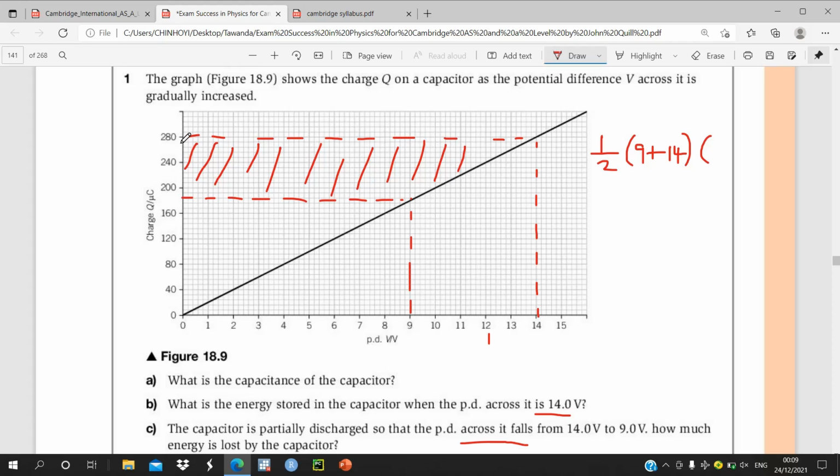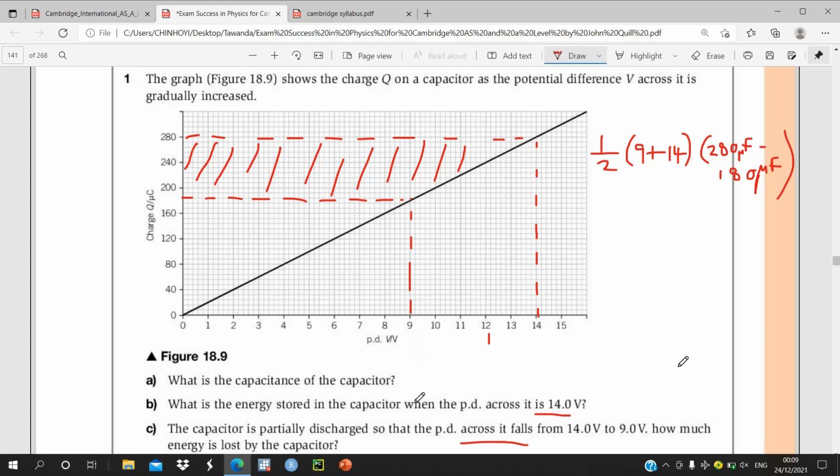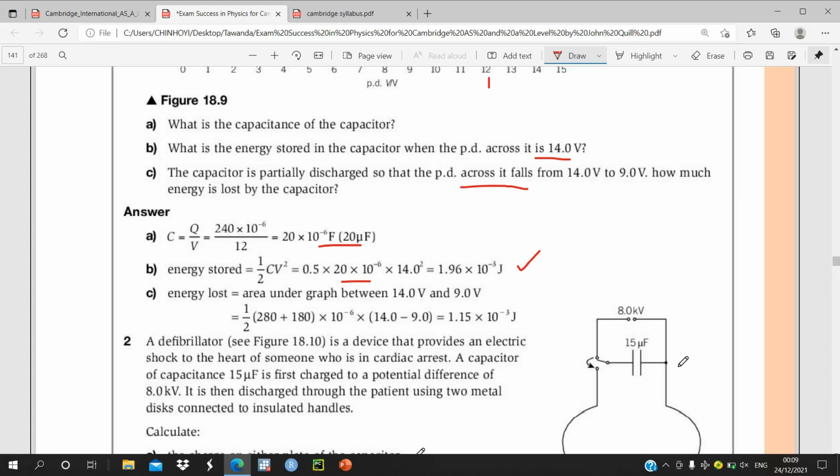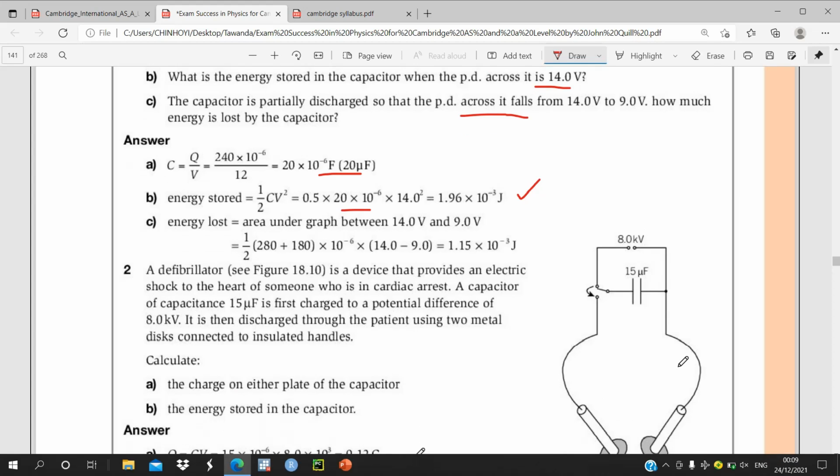Our height will be 280 microfarads minus 180 microfarads. That's the height. Then if you calculate this, you find the same answer as the one below. So that will be the area.